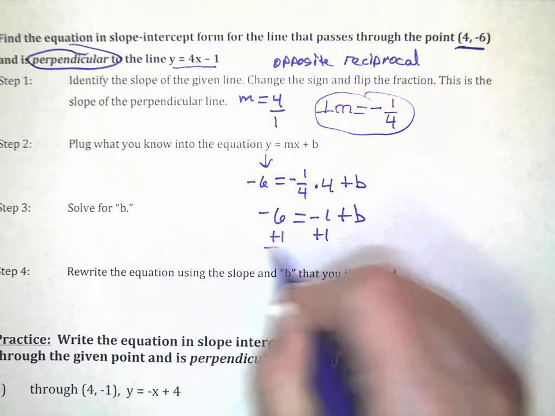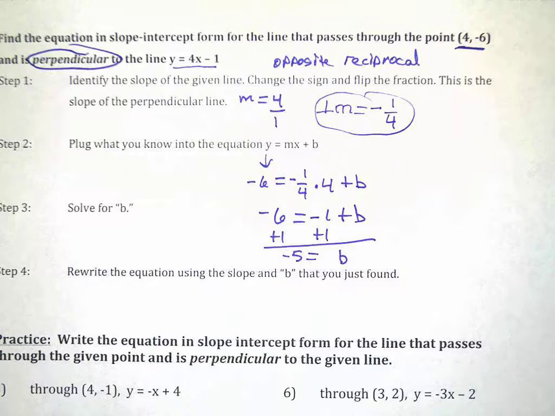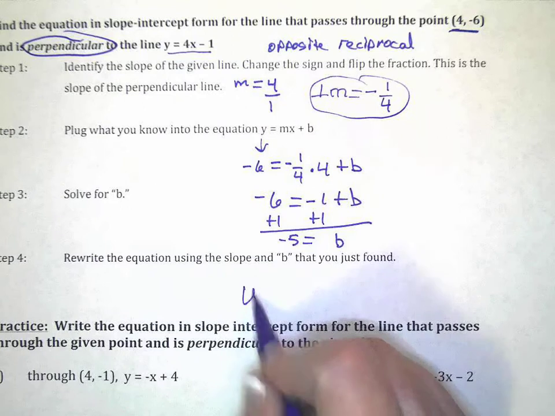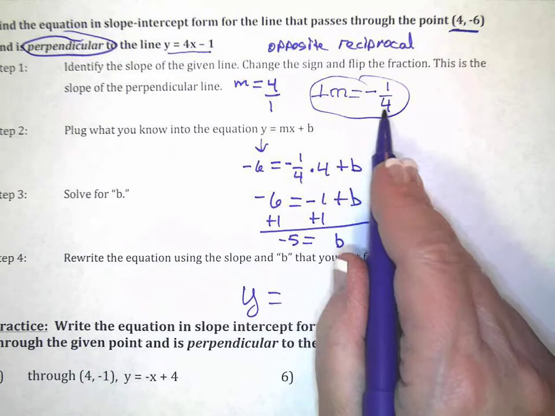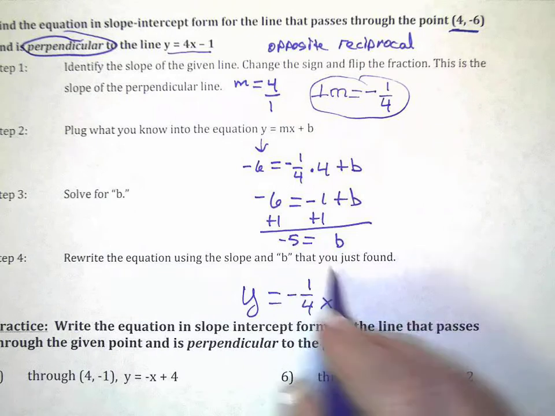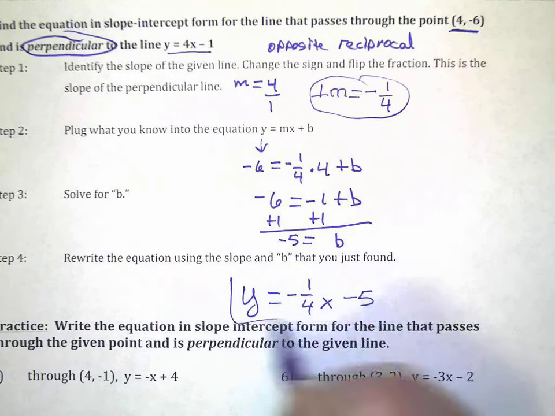Adding 1 to both sides, we get that b is equal to negative 5. So now we can write our answer, which is an equation. y equals, make sure you're using that perpendicular slope of negative 1/4 x minus 5, which was our y-intercept.